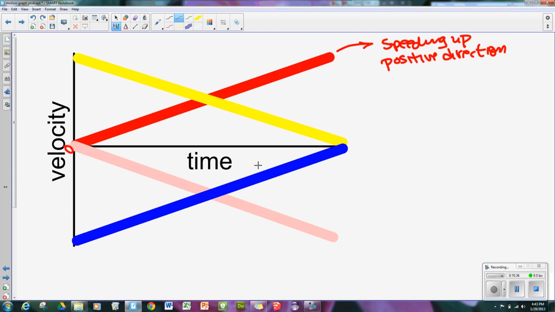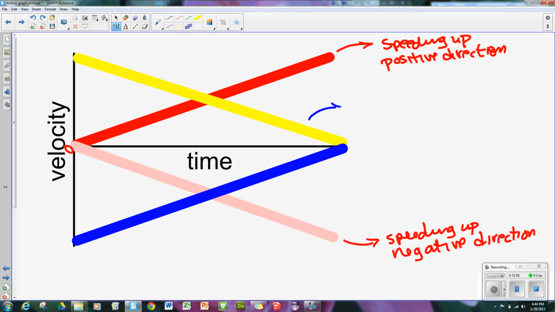This pink line is also moving farther away from 0. So this is also speeding up. But it is below the x-axis, so it is in the negative direction. The yellow line is coming from a higher value closer to 0, so it is slowing down.